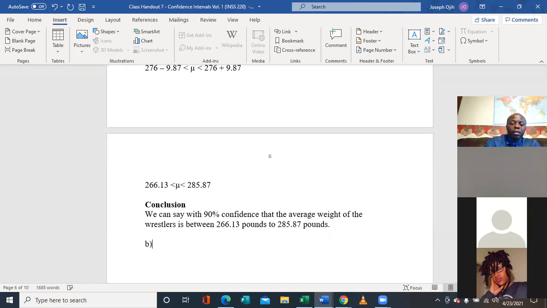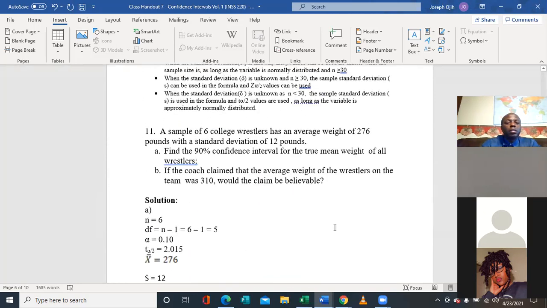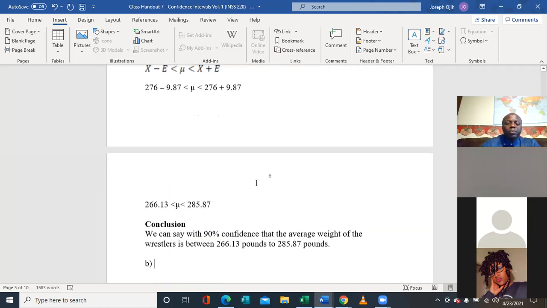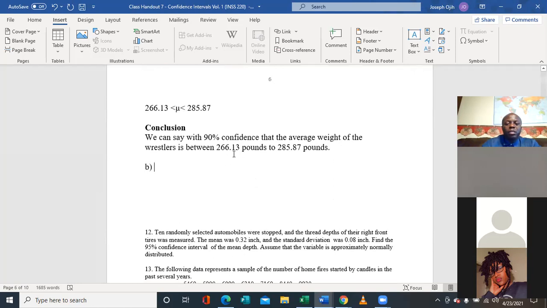Part B says, suppose a coach claimed that the average weight of the wrestlers on the team was 310, would that claim be believable? Now, we know that the average weight is between 266.13 pounds and 285.87 pounds. This coach is claiming that the average weight of wrestlers on the team is 310 pounds. So that claim is not believable.